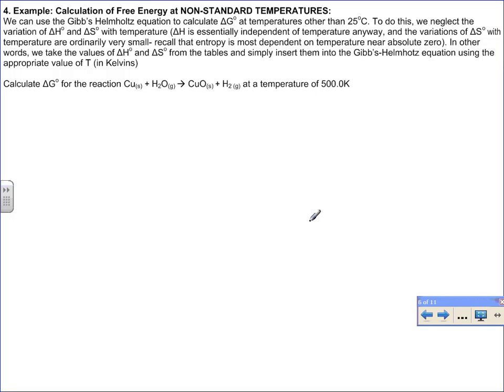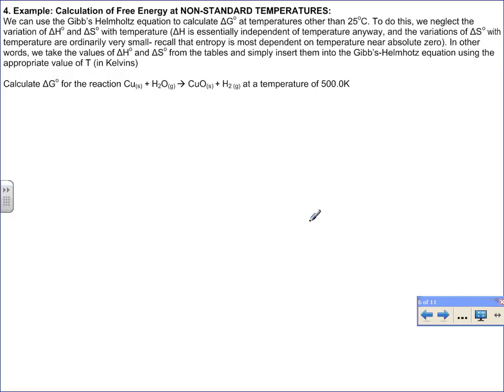Now, the examples that we've done so far have been examples where the temperature is 298. So the next thing that we're going to do is look at how the calculation changes when we're dealing at non-standard temperatures, so other than 298.